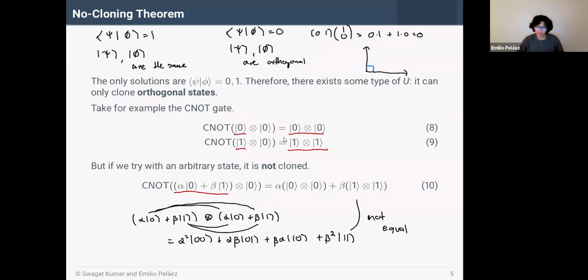And you can see it right here, because we were able to copy these two states, 0 and 1, which are orthogonal. Look at the upper right side: taking the inner product of 1 with 0, we have again 0 times 1 plus 1 times 0 equals 0, which means they're orthogonal.